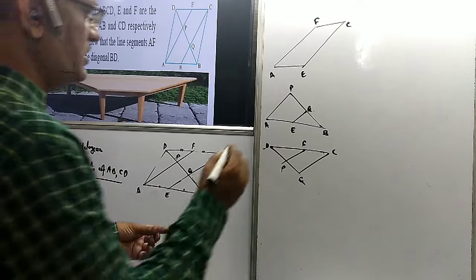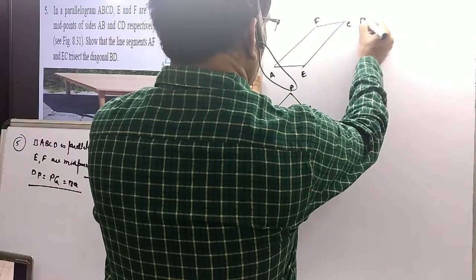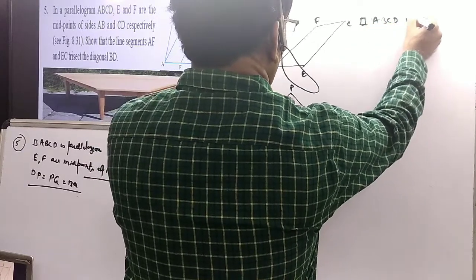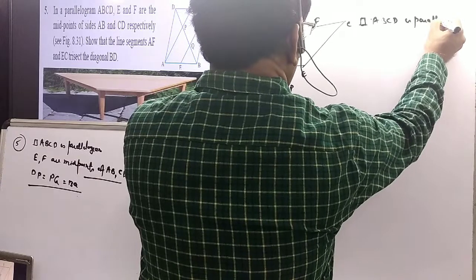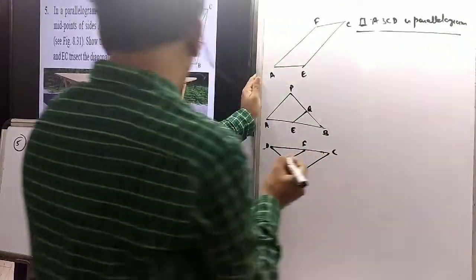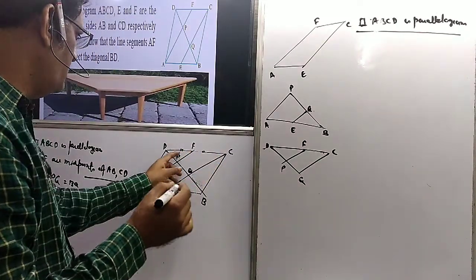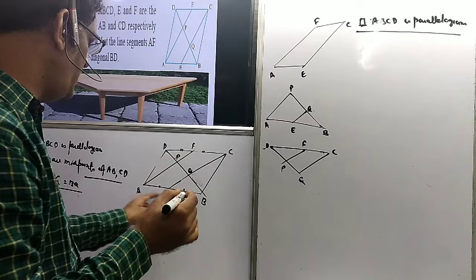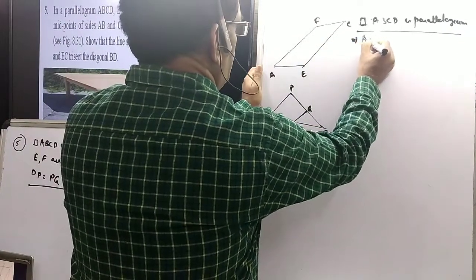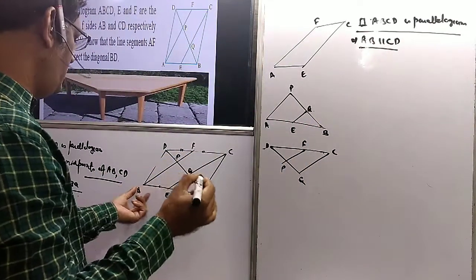So what is given? First of all, quadrilateral ABCD is a parallelogram. ABCD is a parallelogram means CD is parallel to AB, which implies AB is parallel to CD.